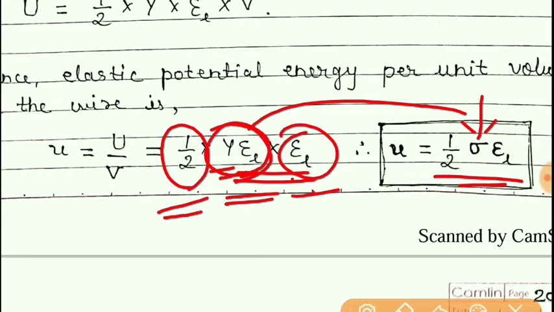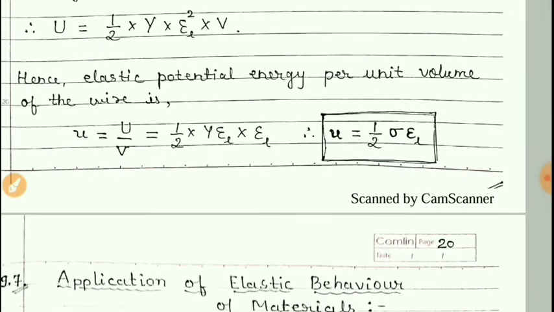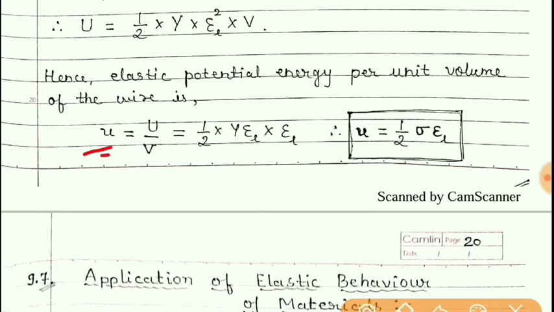Students, once again we know that Y is equal to stress upon strain. So from this, what is stress? Stress is Y into epsilon. And so we can write this energy density, potential energy density, as half of stress into strain.